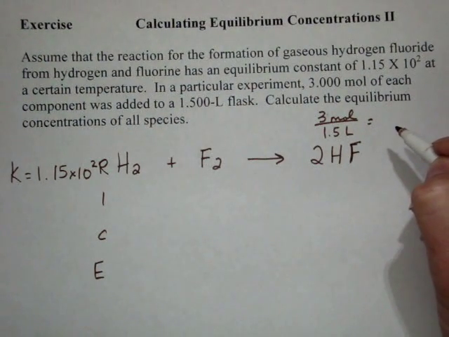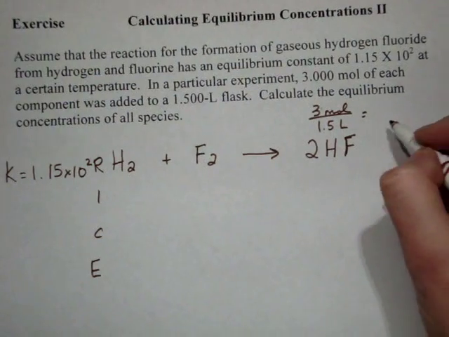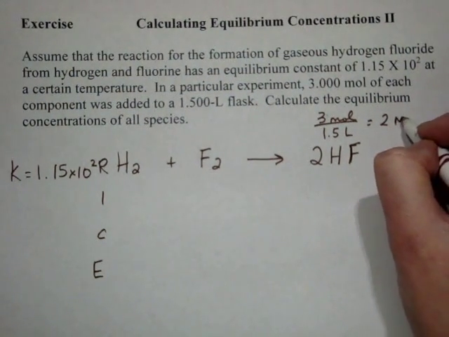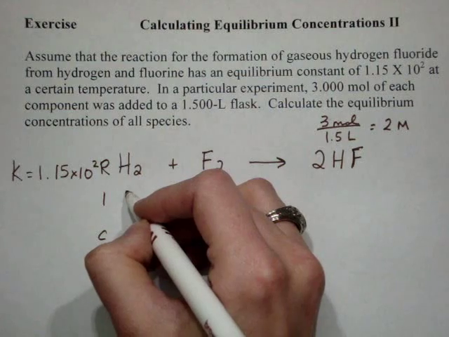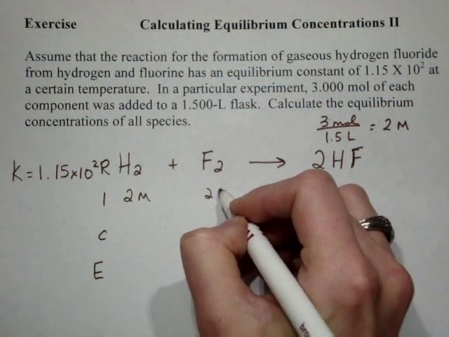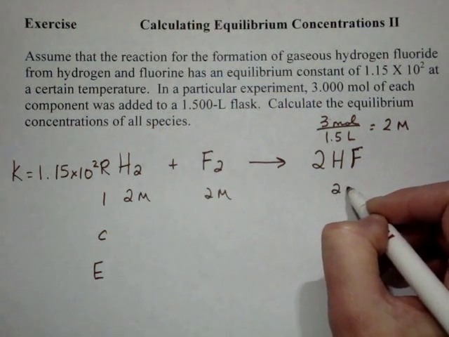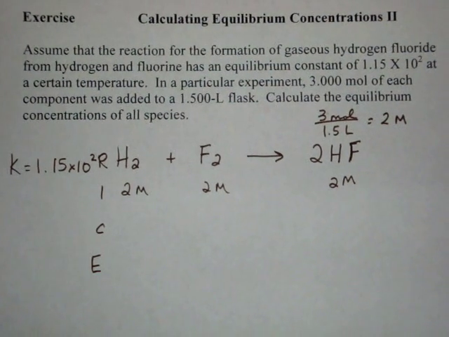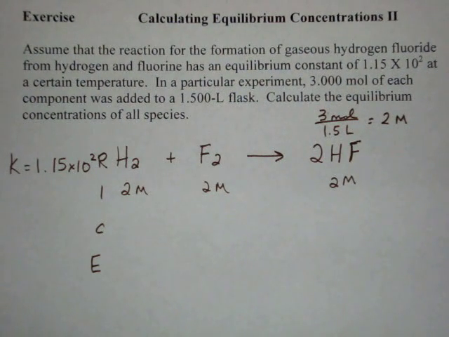So that should be 2. Each of them at the moment is 2 molar. Okay, again, because we don't know what an ending equilibrium concentration is, we're going to need to use x's.